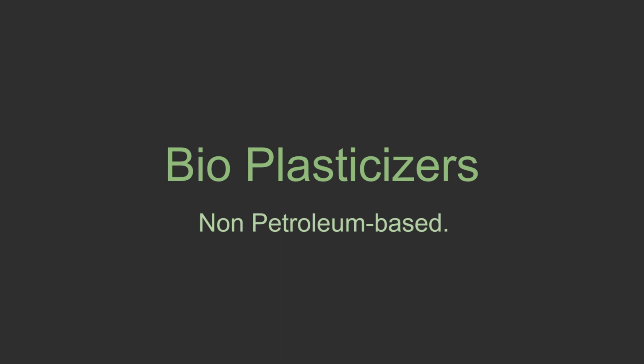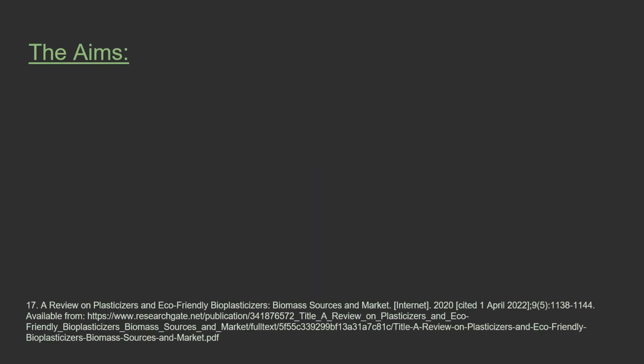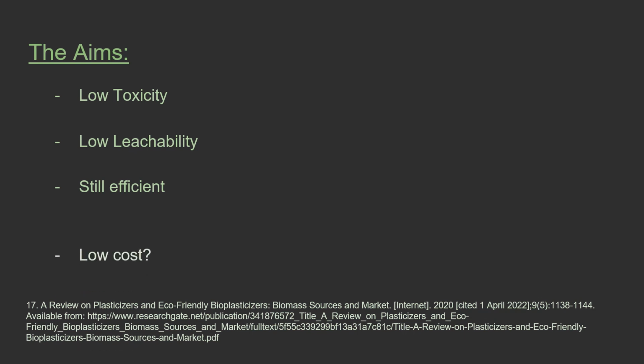So the alternative to the alternatives are bioplasticizers. These aren't particularly new, they're just not very talked about. Obviously, with their name and from the previous slides you can guess they're not petro-based, but the aims are still pretty similar, aiming for low toxicity and decent efficiency. But another aim is to reduce cost, and this cost is really from the amount of processing it takes to make them.